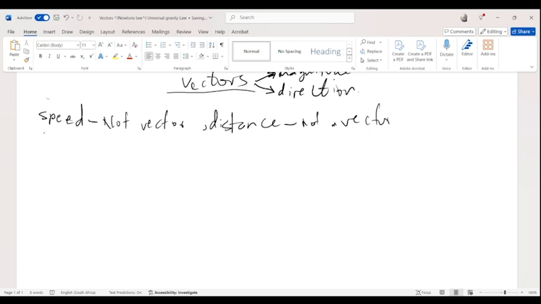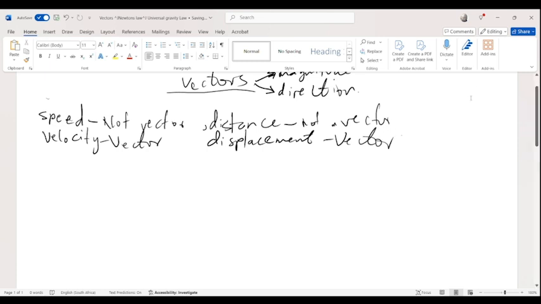Okay, what are vectors? Velocity is a vector. Displacement is a vector. So each and every time we talk about vectors, we're going to talk about a magnitude and a direction.